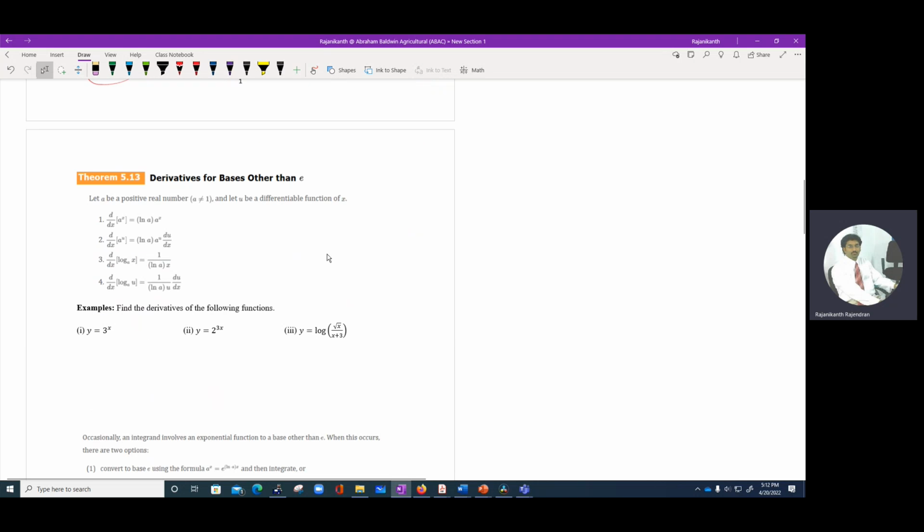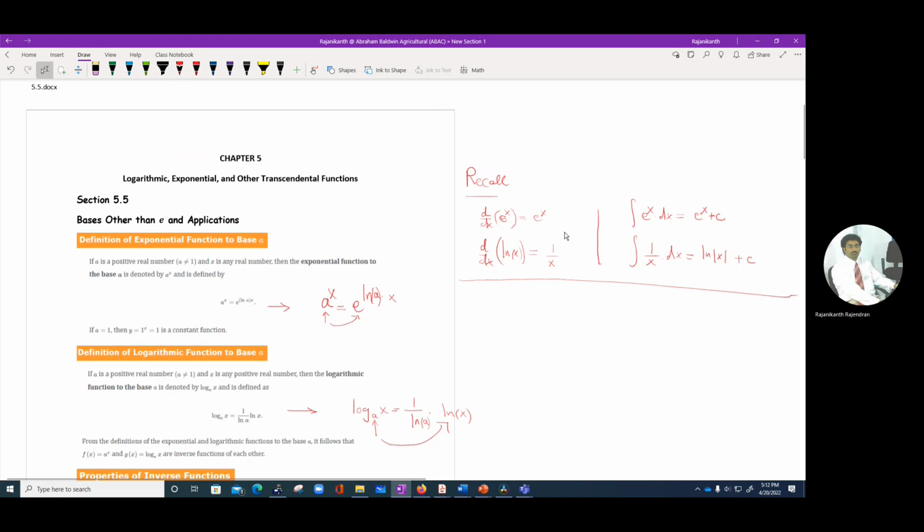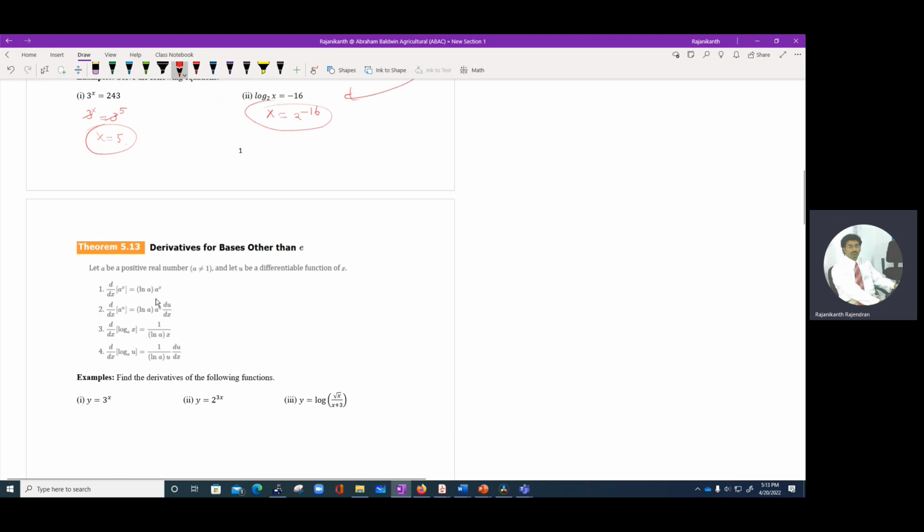Now let's move on to the derivatives. Earlier you saw the derivatives with base e, but now you have the derivative with another base, a.